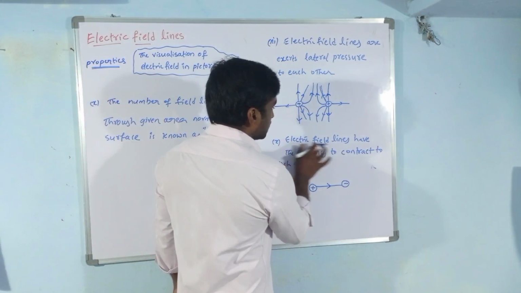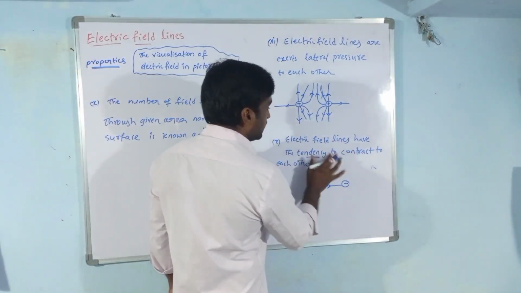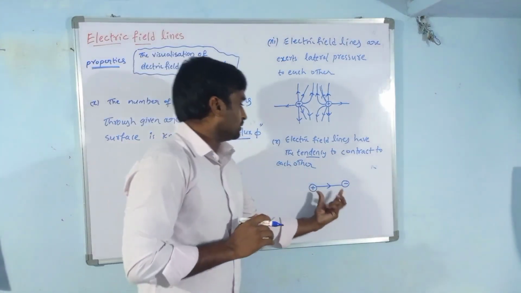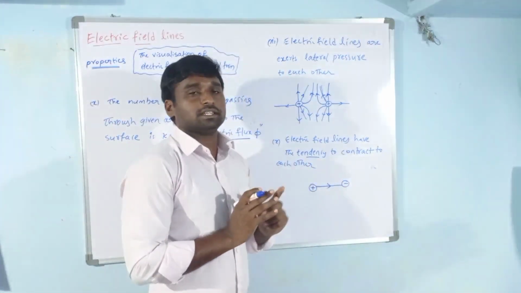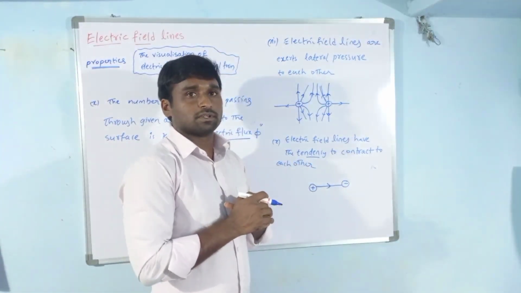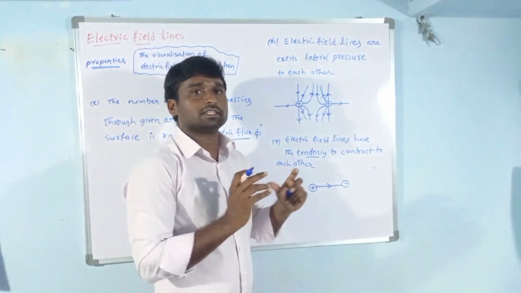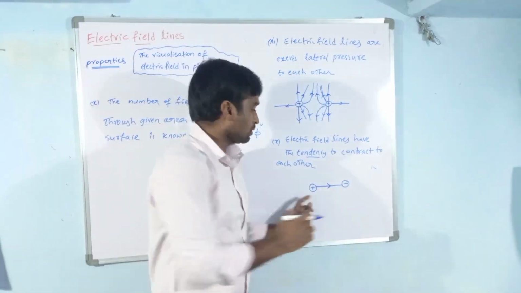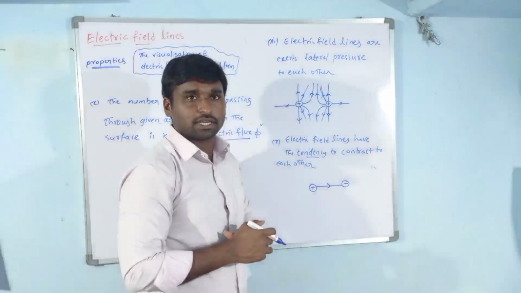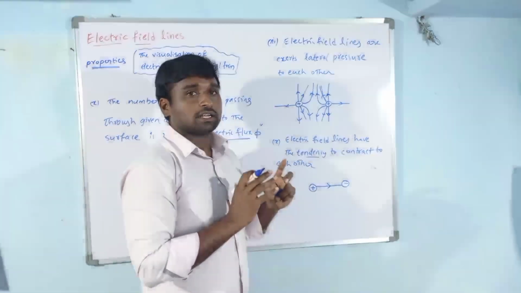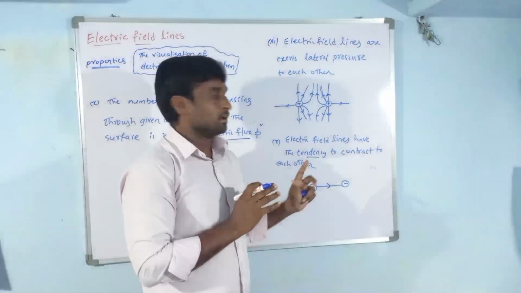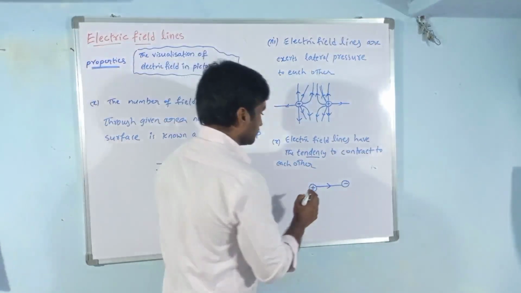Electric field lines have a tendency to contract. When we take two unlike charges, there will be an attractive force. Unlike charges always attract each other. Due to the attraction between these two charges, the electric field lines contract.